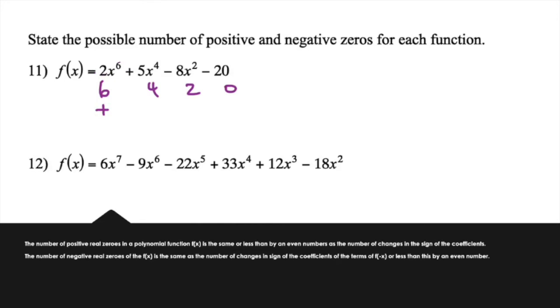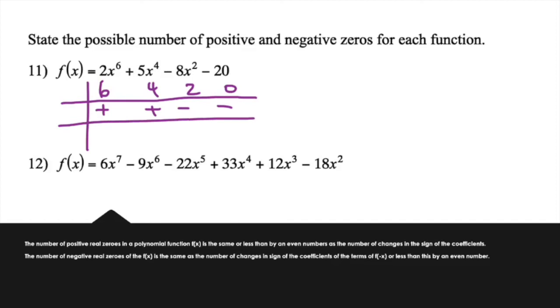I have a positive here, a negative, and a negative. So when I'm testing for the positive real solutions, I look here and I have one sign change.